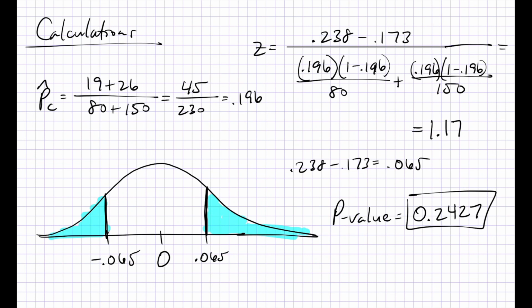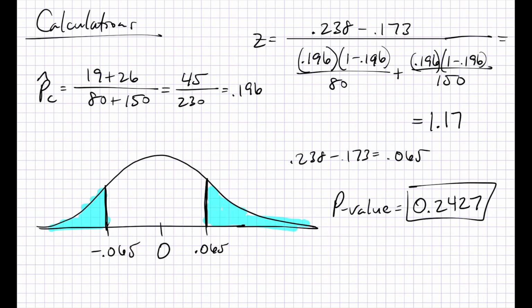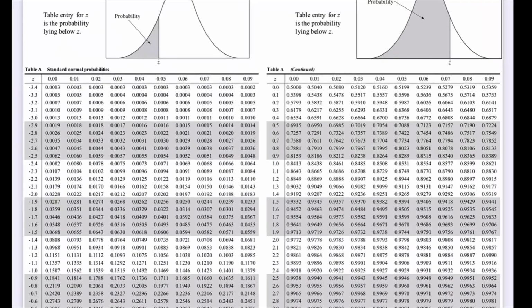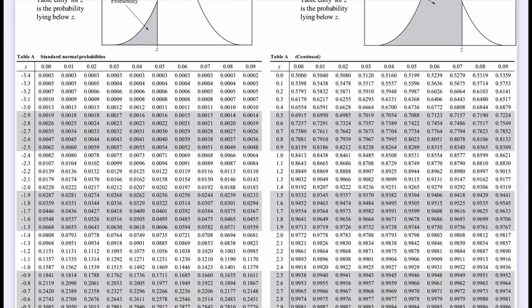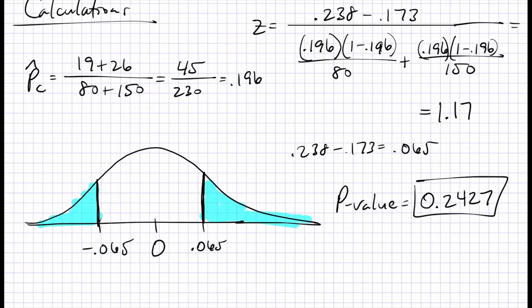Okay, so now before we go on, how do we do it using the tables? If I want to find the p-value using a table, first of all, which one am I going to use, z or t? I'm going to use z because it's proportions, right? So let me get my z-score tables out. How do I do it? I've got my table in front of me.